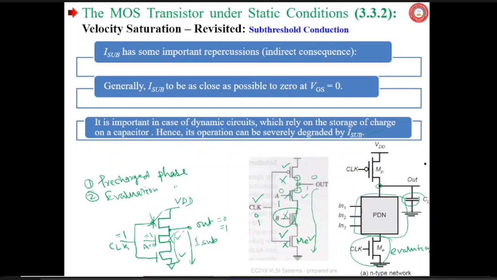When VGS is zero, then I_sub should be zero. That is expected, but it doesn't happen. It is important in the case of dynamic circuits which rely on the storage of charge on a capacitor. Hence, their operation can be severely degraded.